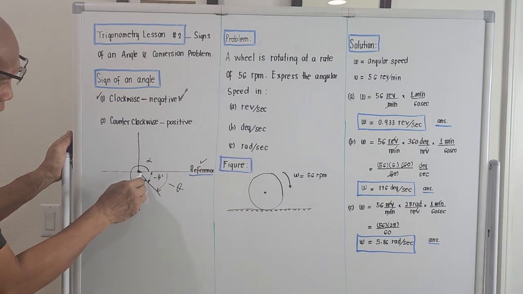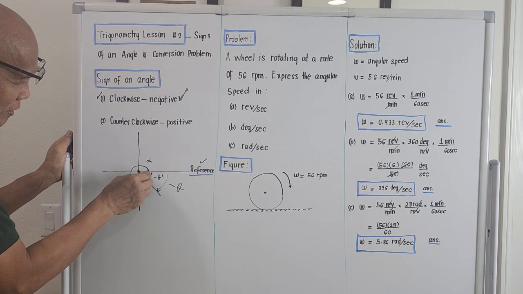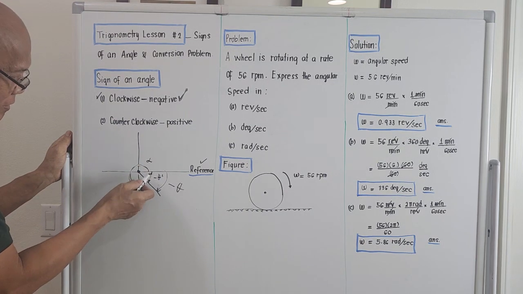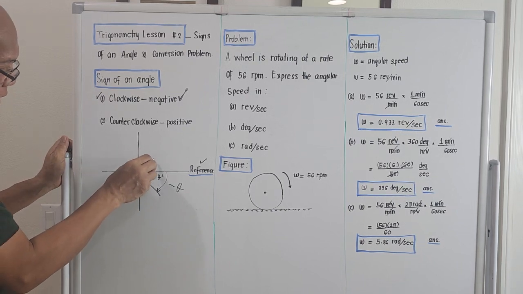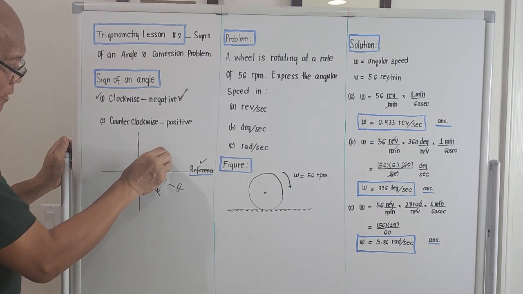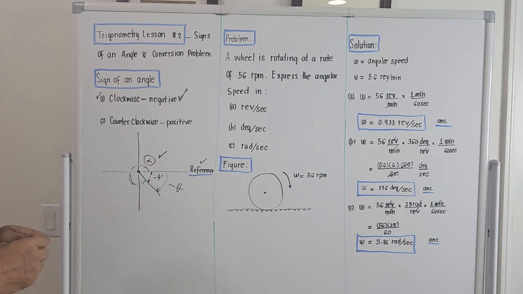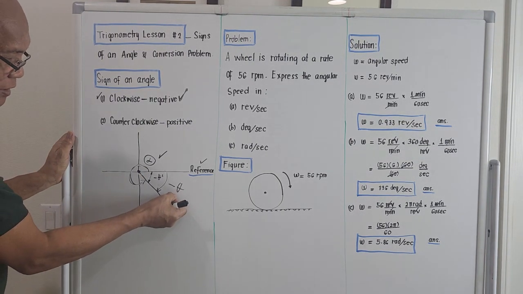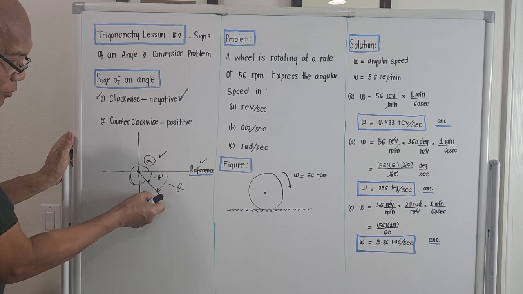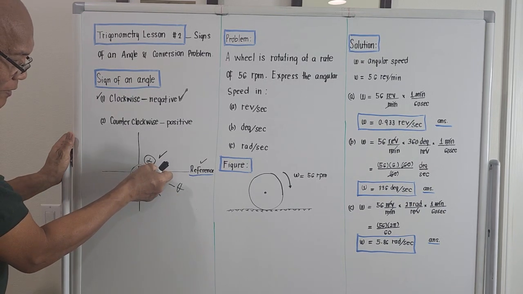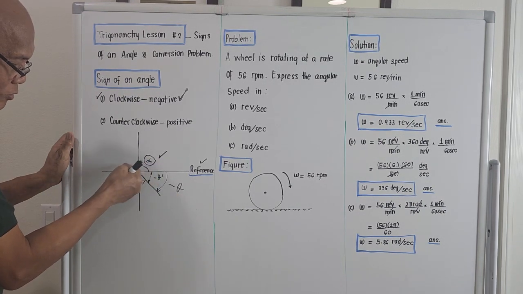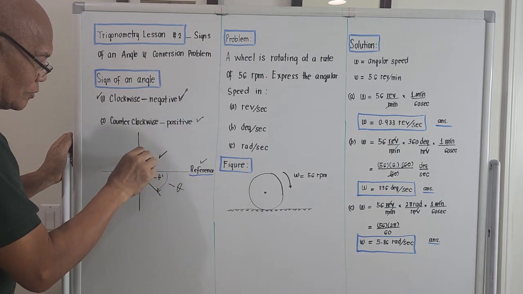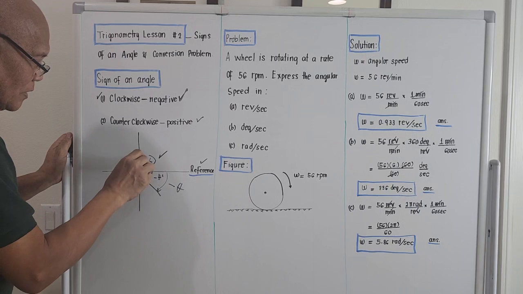So I could designate this one as angle alpha. To designate the location of this line, I could place negative theta, or I could place this as a positive alpha. Since it is measured counterclockwise, the sign is positive. This should be plus alpha.